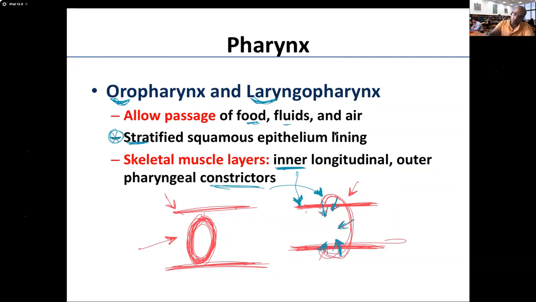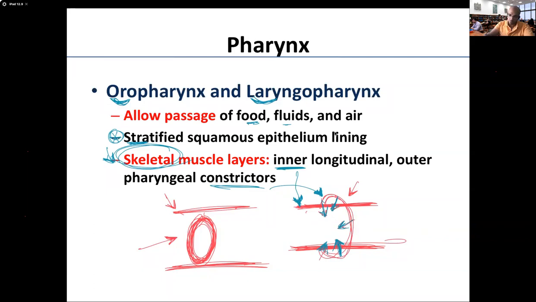Why? Because they are not smooth muscles, they are skeletal muscles. So if you try to swallow as fast as possible and as many times as possible, you will stop at a certain point. You can't keep going, simply because those muscles are skeletal muscles. They are not smooth muscles, so they are more fatigable.